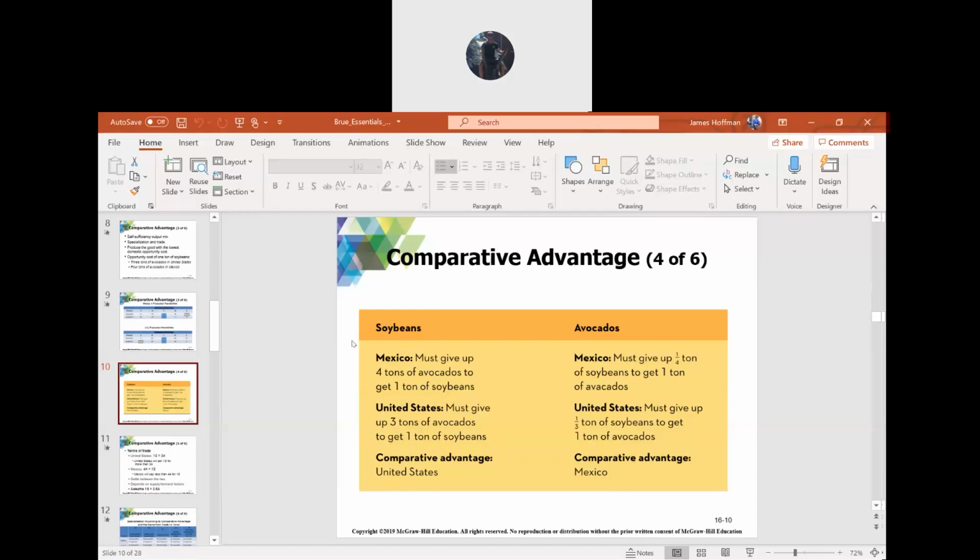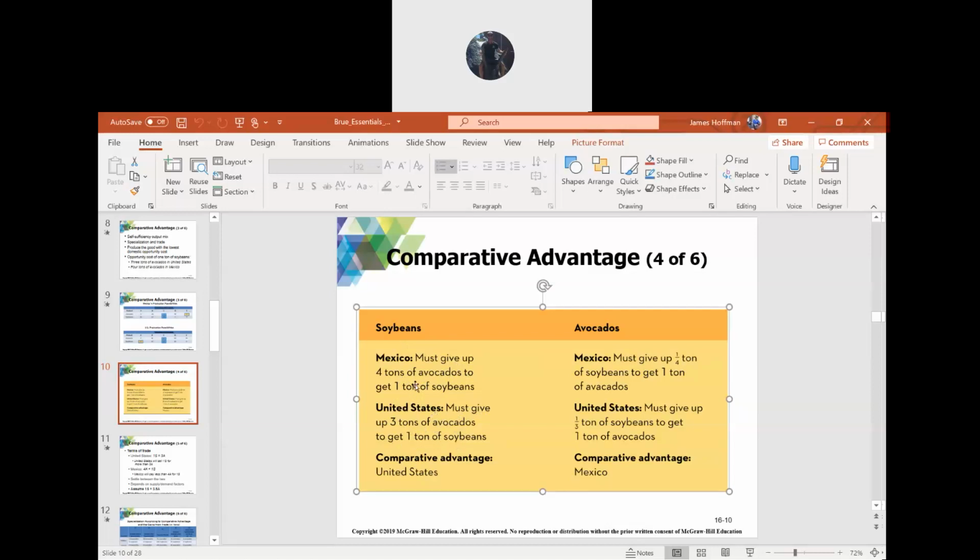So, for soybeans, Mexico gives up 4 tons of avocados to get a ton of soybeans, and the U.S. gives up 3 tons of avocados to get a ton of soybeans.